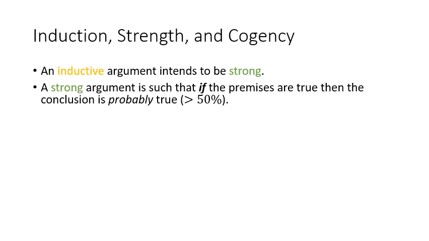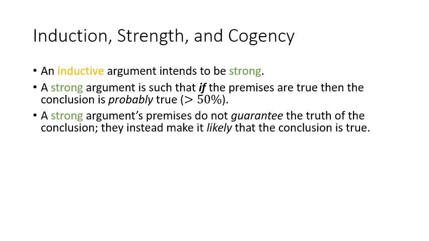And all we mean by that, if you want to get really specific, is that it's a greater than 50% chance. So it's better than guessing. If the premises are true, then the conclusion is probably true. That's what it means to be a strong argument. And that's going to be quite a range, right? Because that's anything from 51% all the way up to close to 100%.